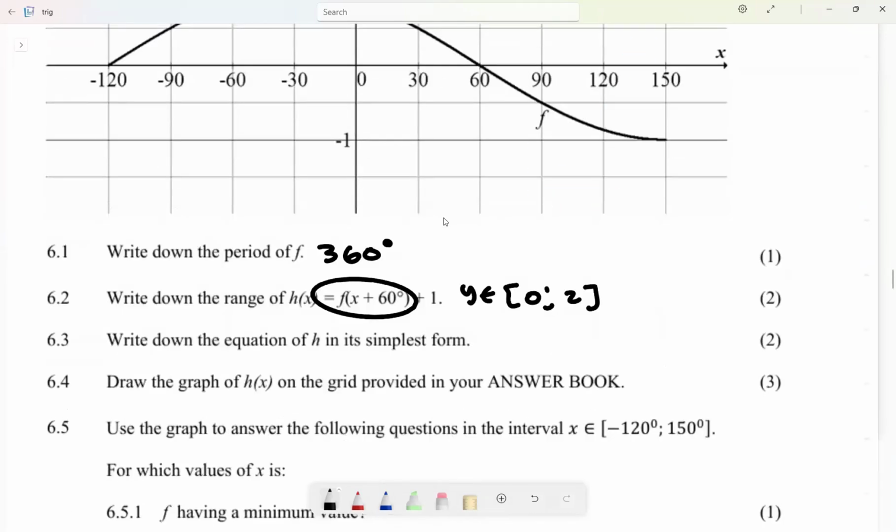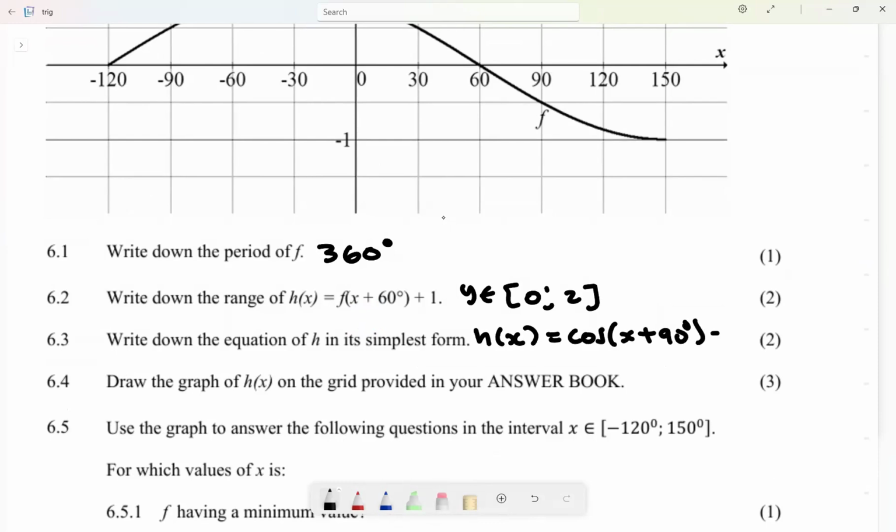And then they say write the equation of h in the simplest form. Remember, we ended up having cos(x plus 90) plus 1. I told you that when we have cos of 90 plus something, it is what we refer to as a cofunction. If it is 90 plus something, it changes to sine.